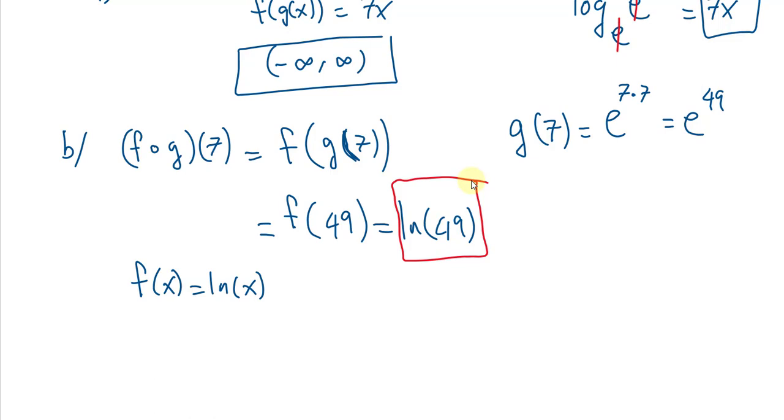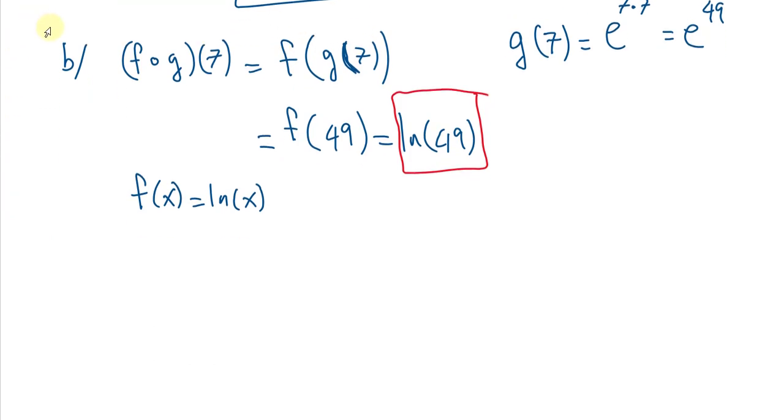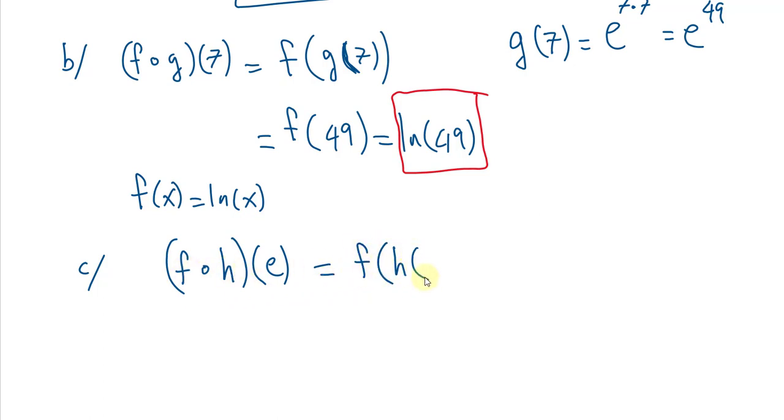Okay, how about one more? The last one. f composite of h of e. So f is the outside function, h is the inside function, and the value is e.